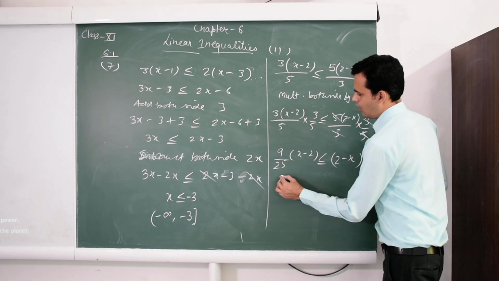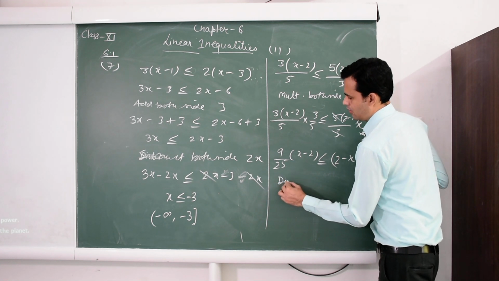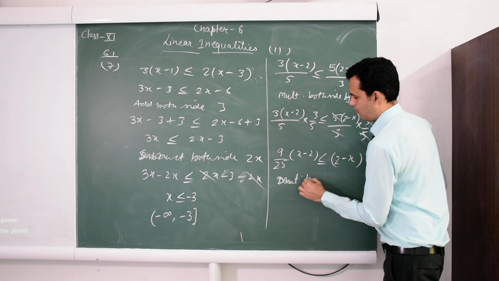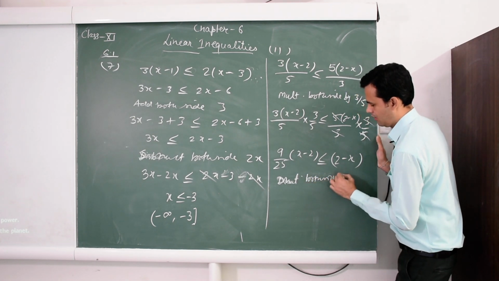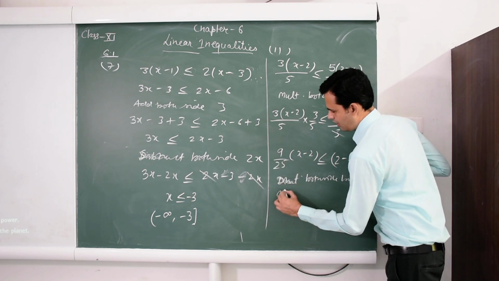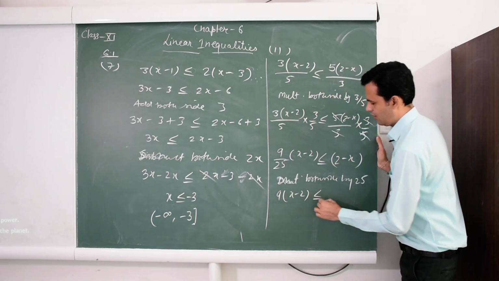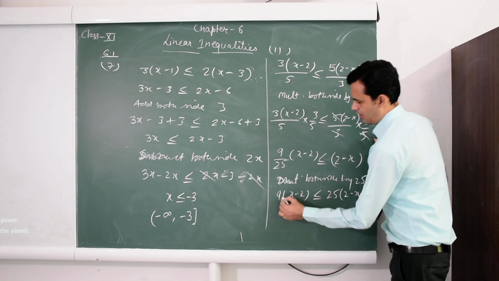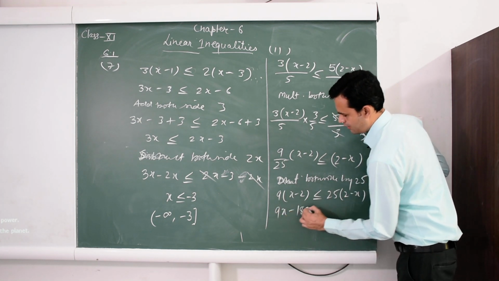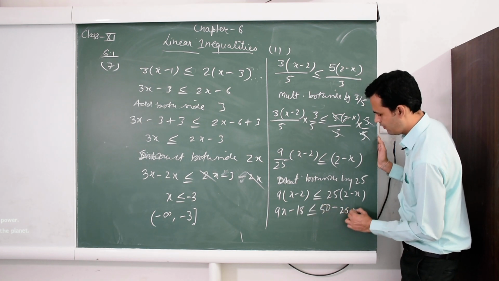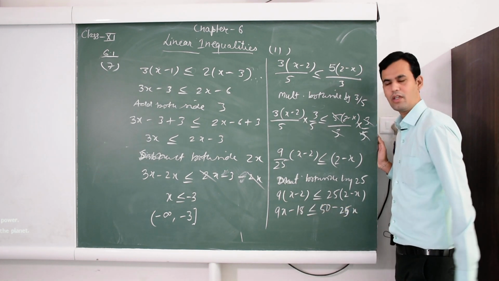Now multiply both sides by 25. So here 9(x minus 2) less than or equal to 25(2 minus x). Multiply it, so 9x minus 18 less than or equal to 50 minus 25x. Okay.